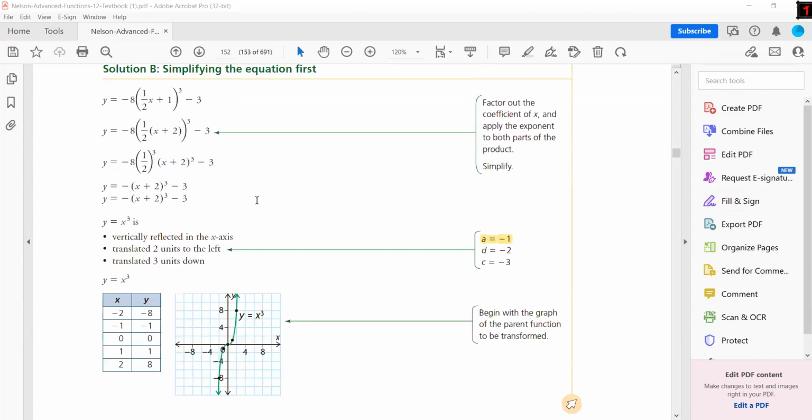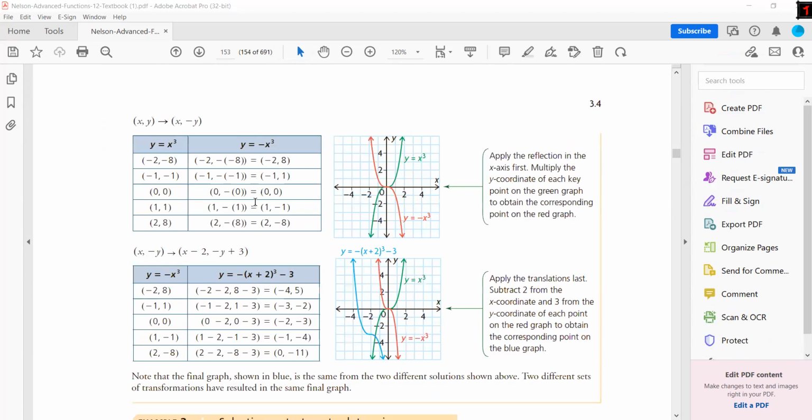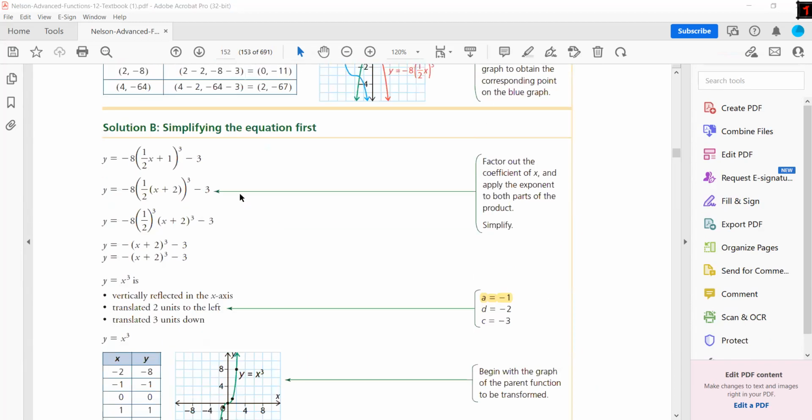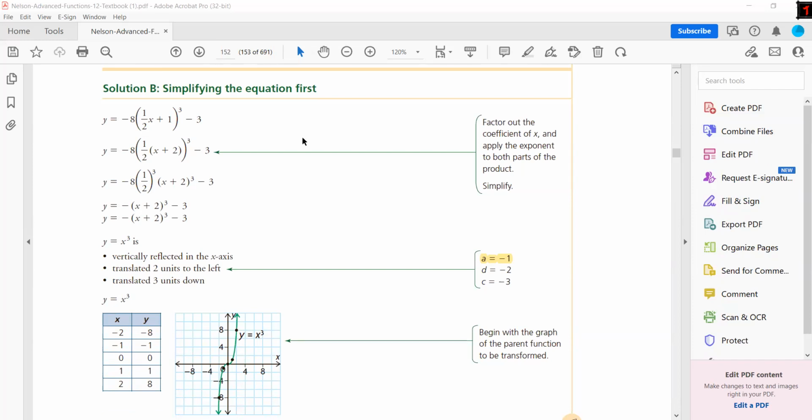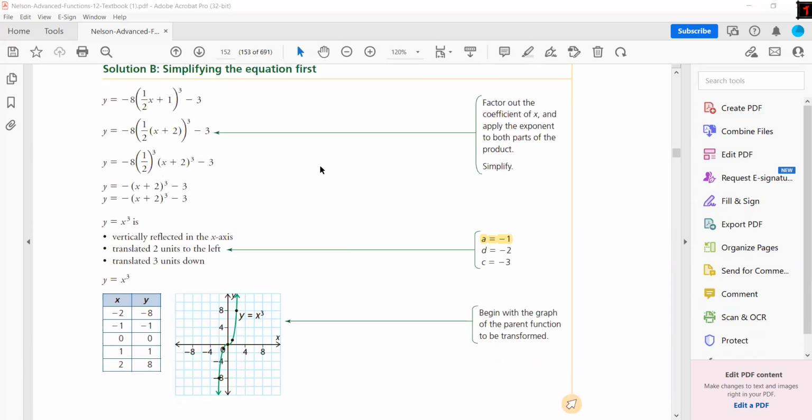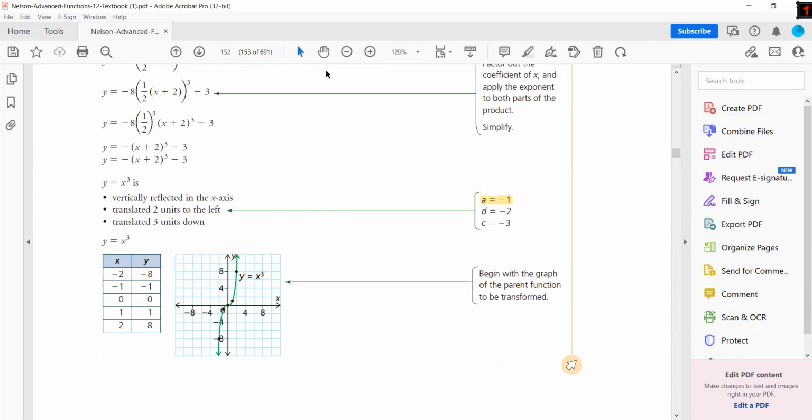Do you still need this page or this one? I'll zoom out so you have both pages.